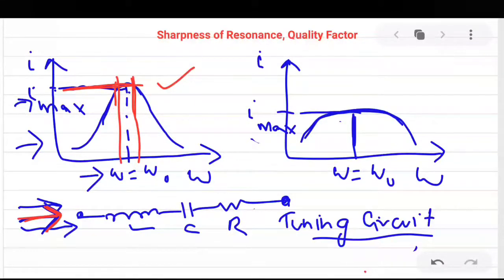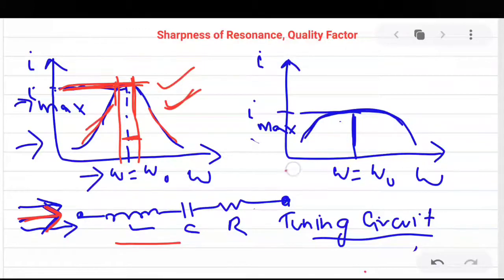So for that narrow frequency the signal will be allowed to pass because current is maximum. For all other frequencies, the current is low, that means those signals are not allowed to pass through the LCR circuit. So this will be a better tuning device.